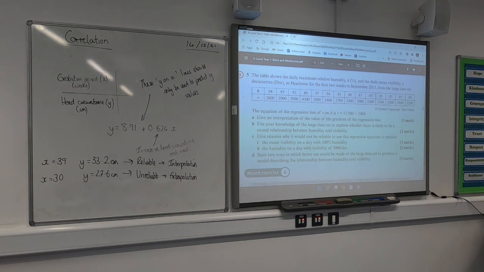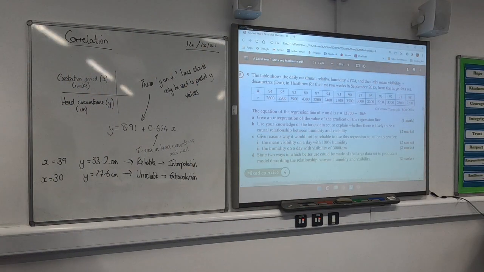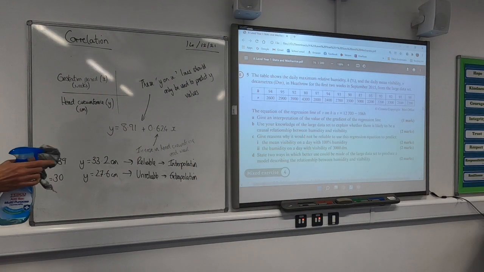So give an interpretation. And this throws in a word that I haven't used yet, so we'll define that word. Causal means does one cause the other?